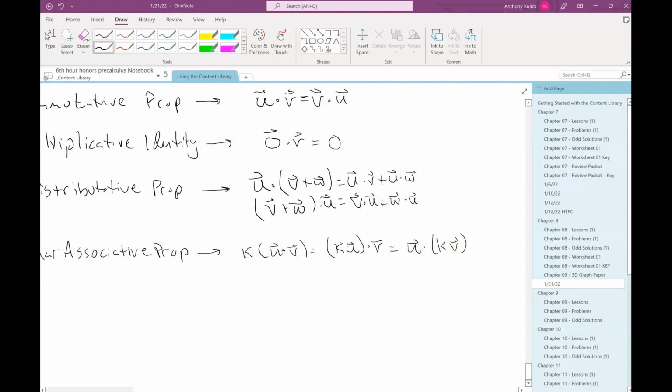So basically we're saying it doesn't matter when you do the scalar multiplication. You can do it after you've done the dot product, before you've done the dot product, and to either of the vectors involved in the dot product. It doesn't matter when you do that scalar multiplication.